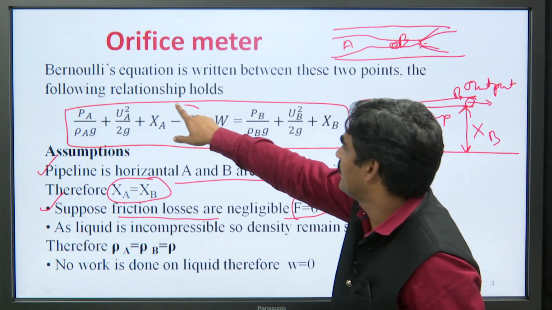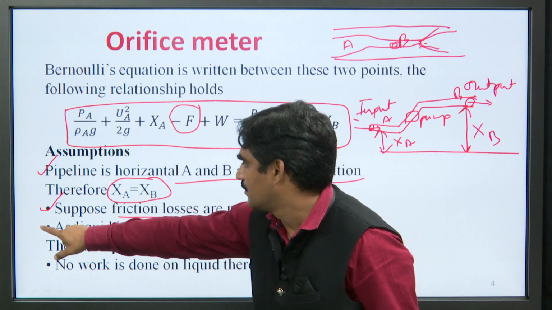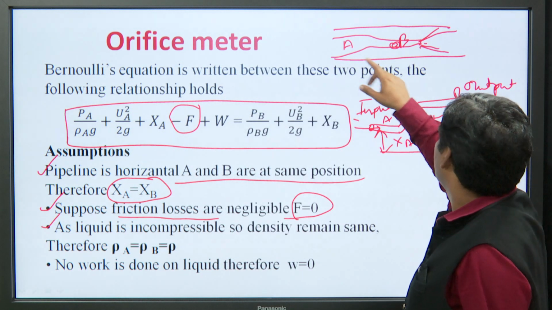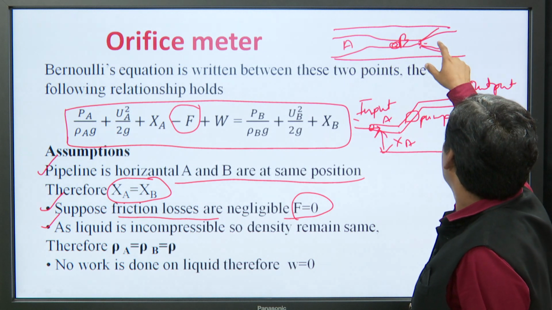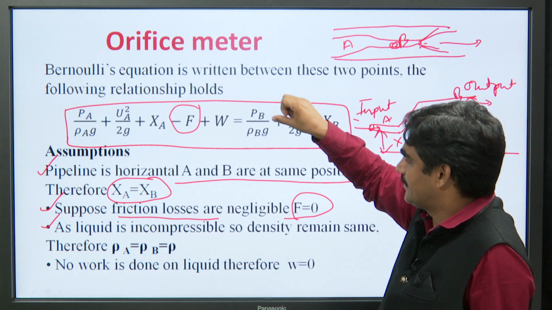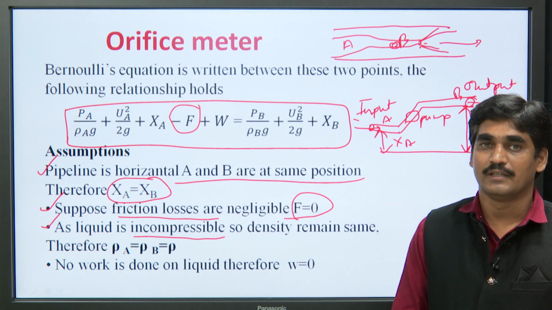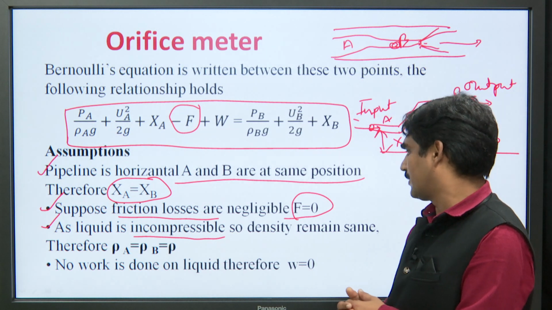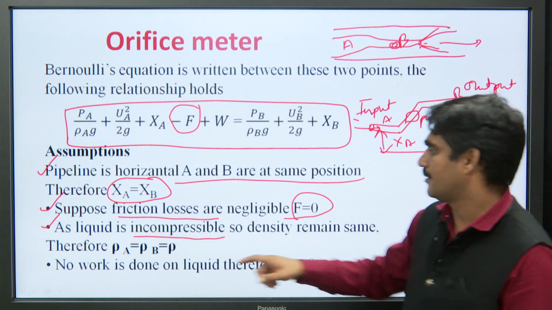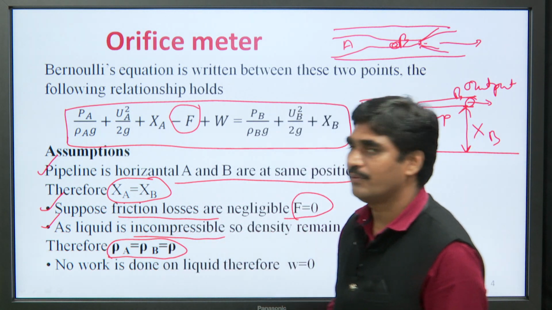So, F will be equal to 0, as the same liquid is entering into the system and exiting out of the system. Since this liquid is incompressible, the density of the liquid also remains the same, that means rho A is equal to rho B, equal to rho.